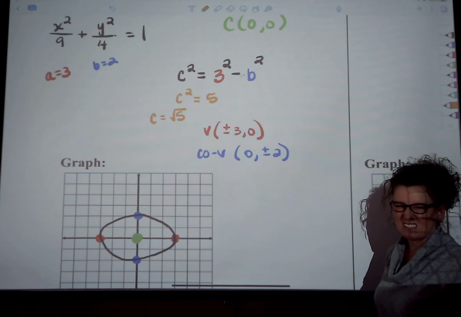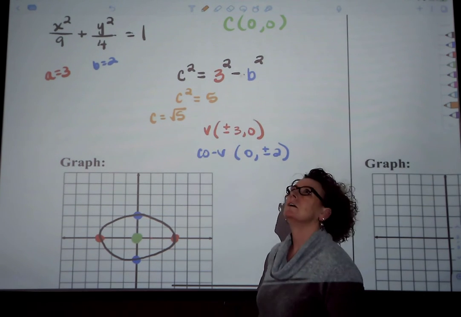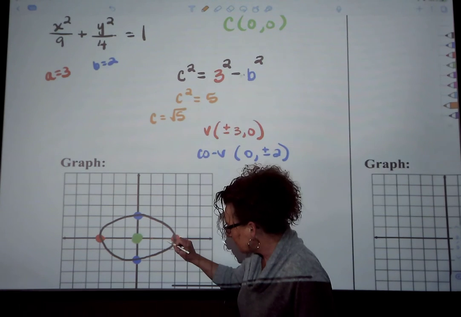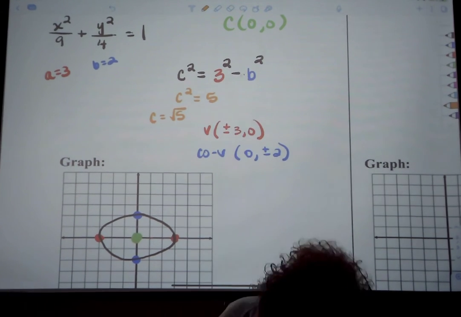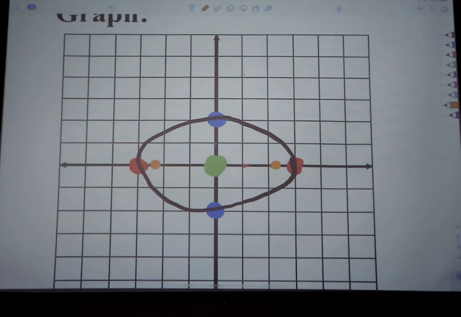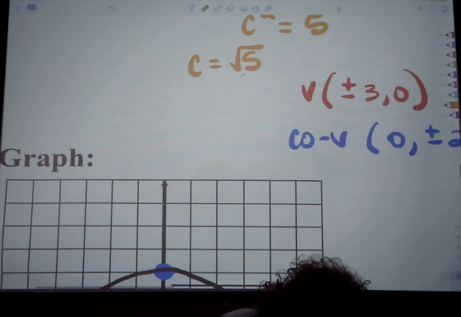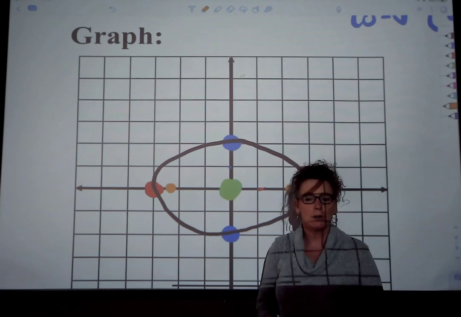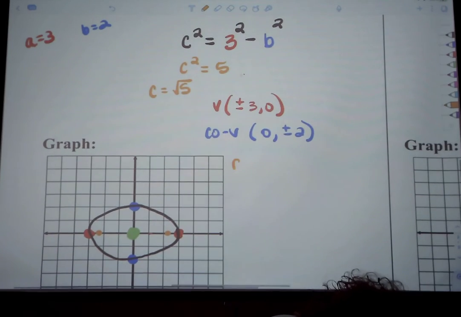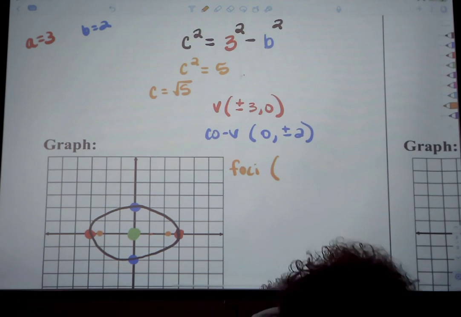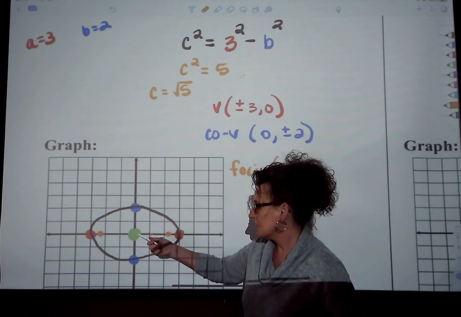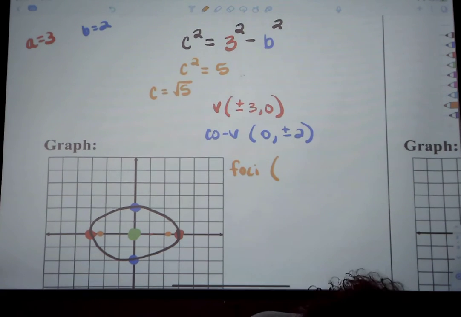With me? C is a yucky number. C is radical 5. I don't know, 2 point something-ish. I don't care. So the foci are like here-ish. 2 point something, negative 2 point something. Give me those points as ordered pairs. Well, this direction would be positive radical 5, 0, negative radical 5, 0.